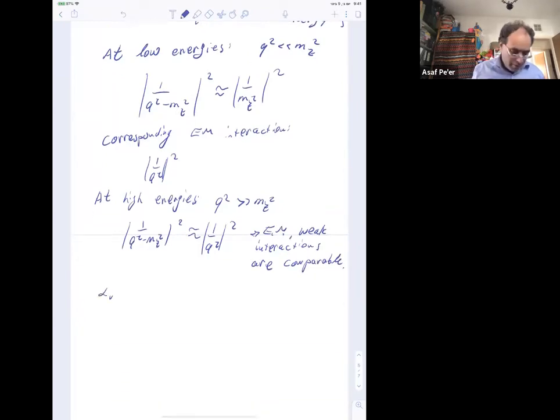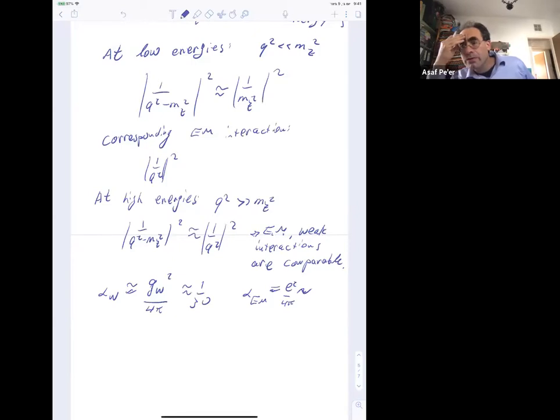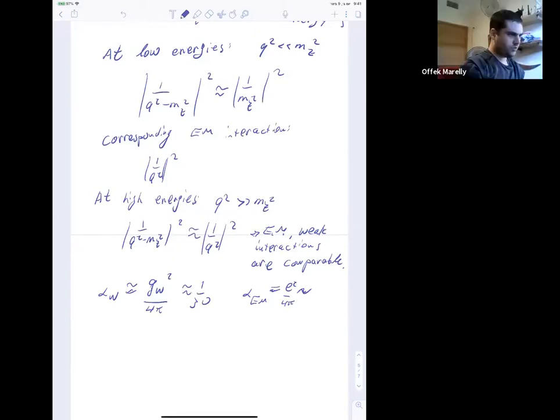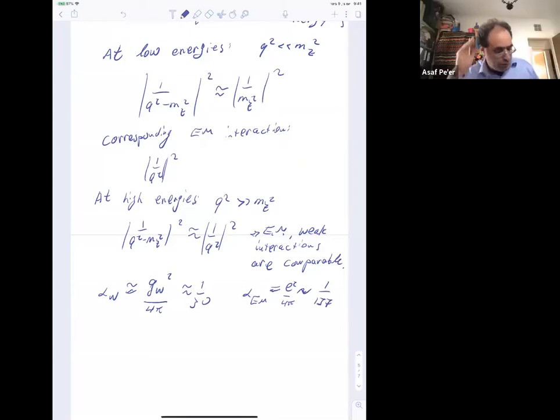Alpha weak, I think we discussed that, g weak squared divided by 4 pi, is approximately 1 over 30. And alpha EM is 1 over 137. Very good. A factor of 4 difference.